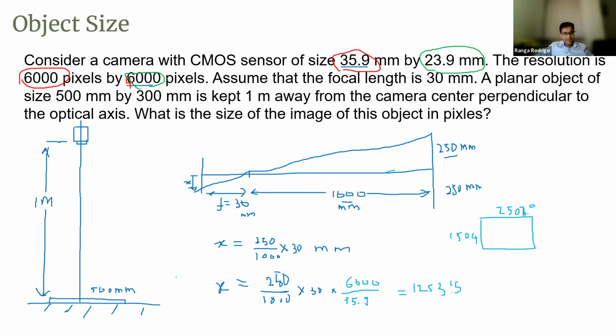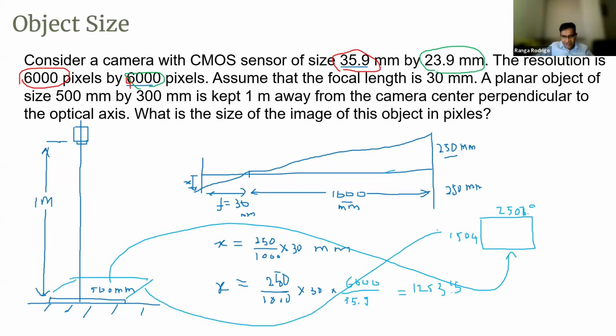That's the size of the object. This side is this one, and of course, this will be another side like that. This side of the object is that.